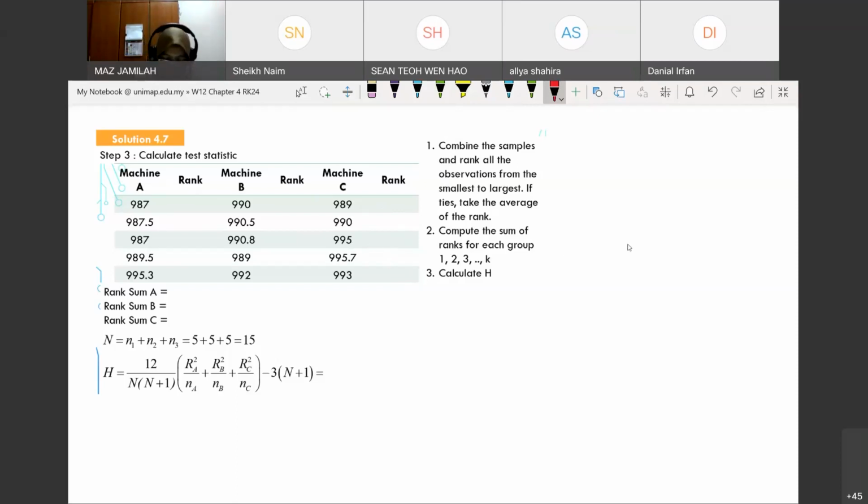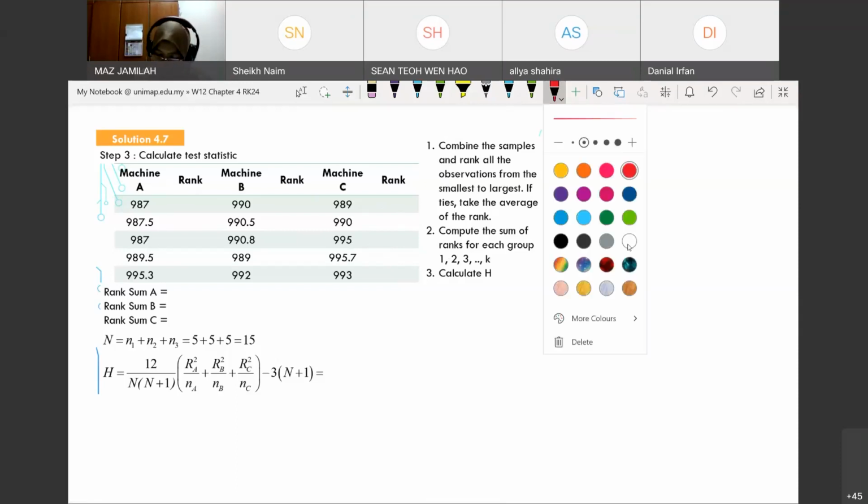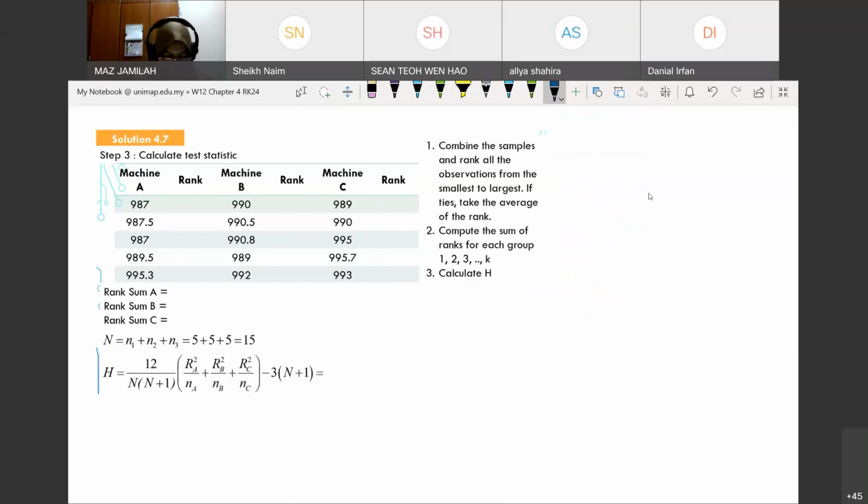So you look for the smallest value. What will be our smallest value? It will be 987. You have two, so you have number 1 and number 2 here.